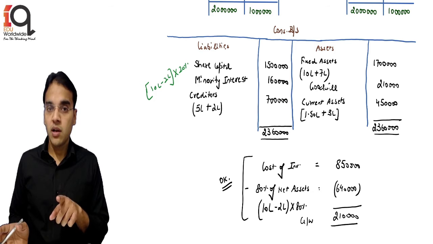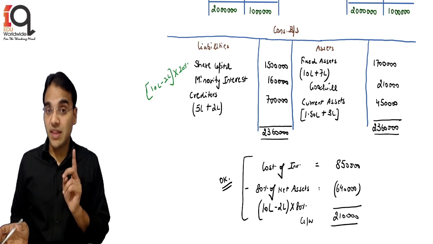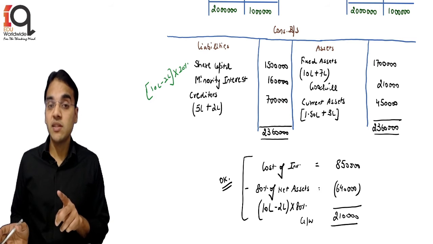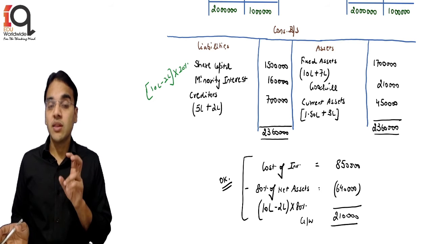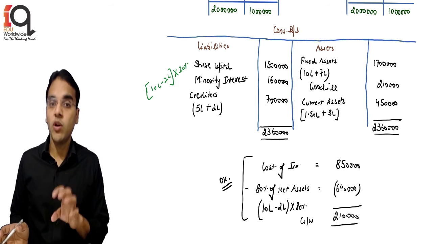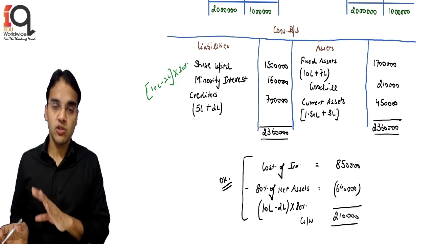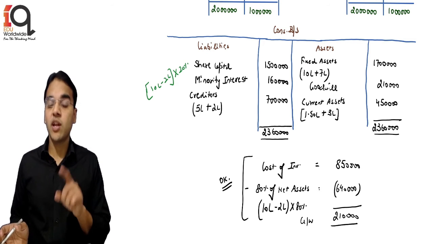But since we are making 100% consolidation, there is a concept arising known as minority interest, the net assets not owned by the holding company, the parent company. That is your minority interest, student. With this, this example will get over.